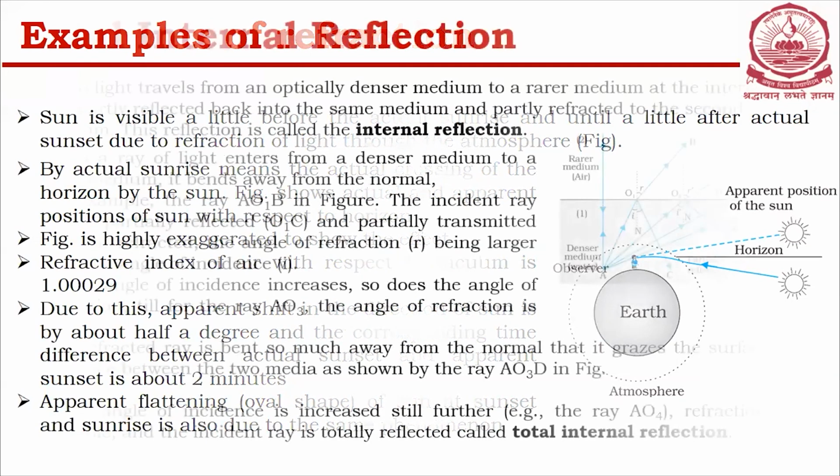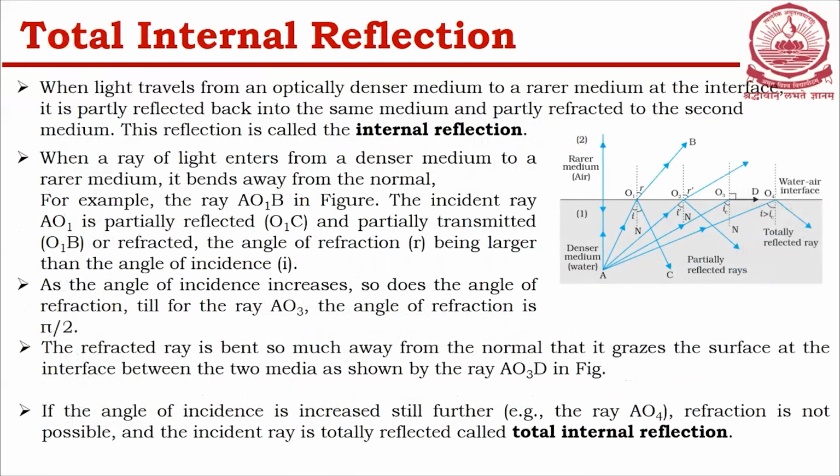Next is total internal reflection. You know that when a light ray goes from denser to rarer and you change the incident angle slowly, refraction takes place.